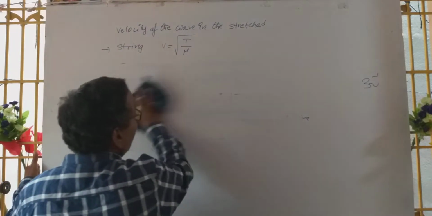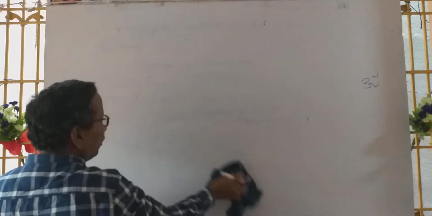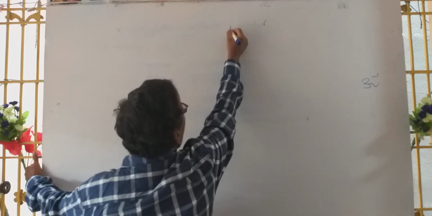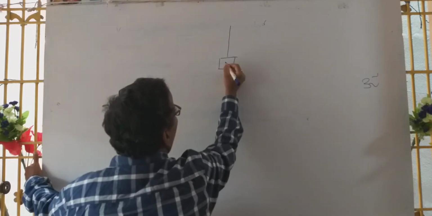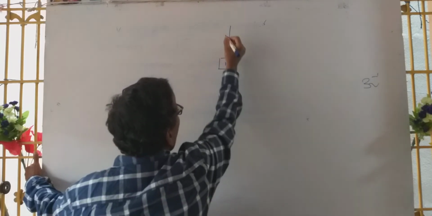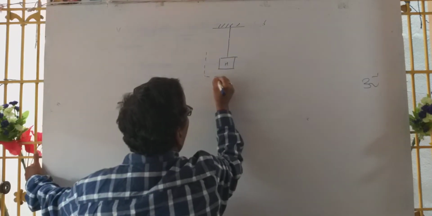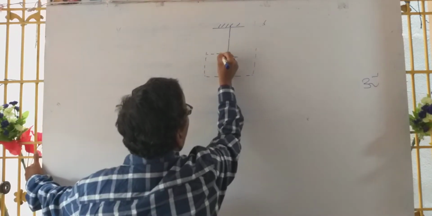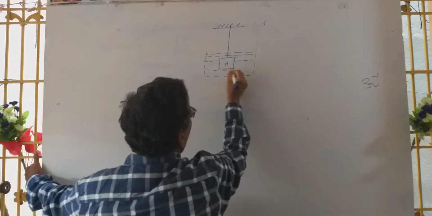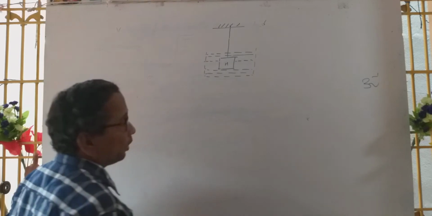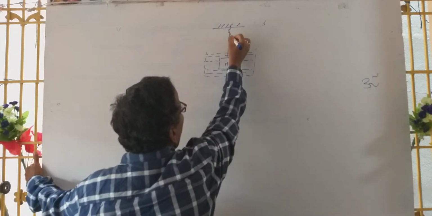Let us consider a wire of linear density mu connected to a weight of mass m, and kept immersed in a fluid. For convenience we are taking water as the fluid, like this. Now what will be the velocity of the wave when it is produced?